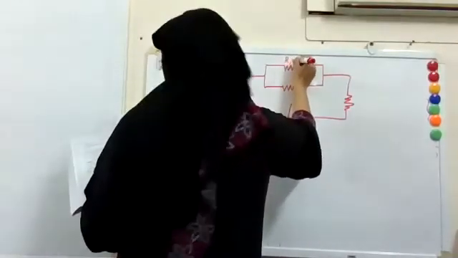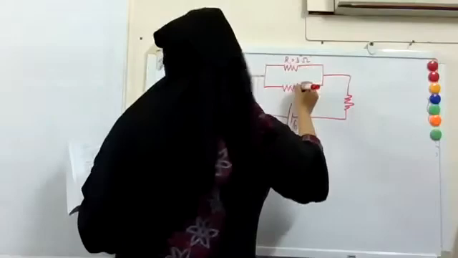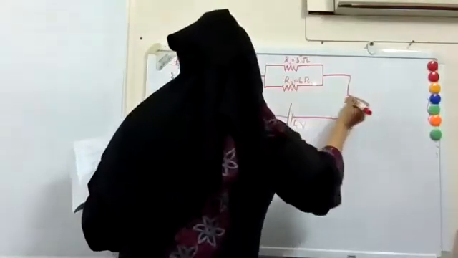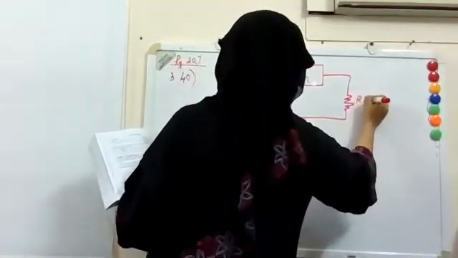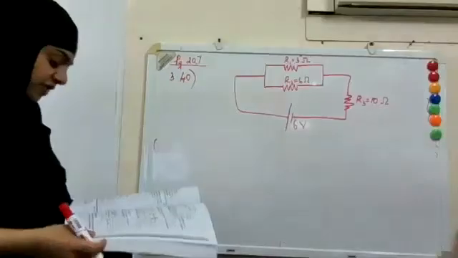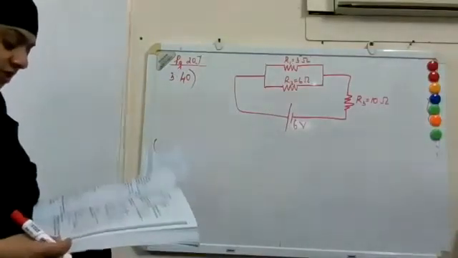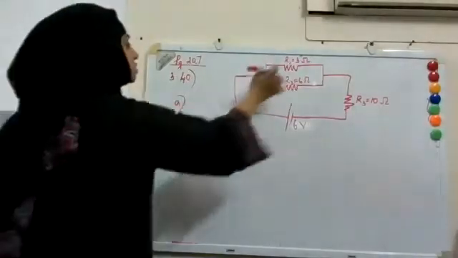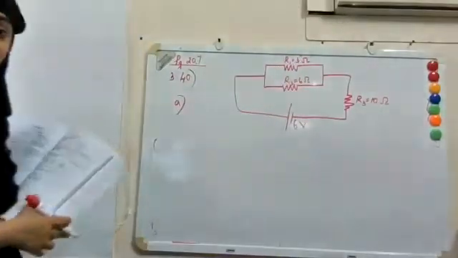R1 is equal to 3 ohm, R2 is equal to 6 ohm and R3 is equal to 10 ohm. Find the equivalent resistance of the circuit. That is easy, right? These two are in parallel.